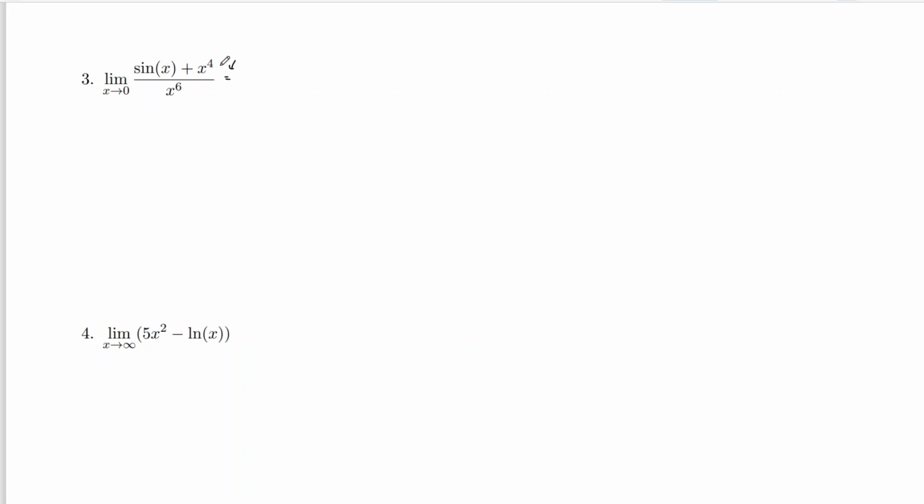So let's go ahead and plug in 0. And the nice thing about 0 is we know we can just plug that in. We get sine of 0 plus 0 to the 4th, which is 0, over 0 to the 6th, which is 0. And sine of 0 is also 0. So this is 0 over 0.